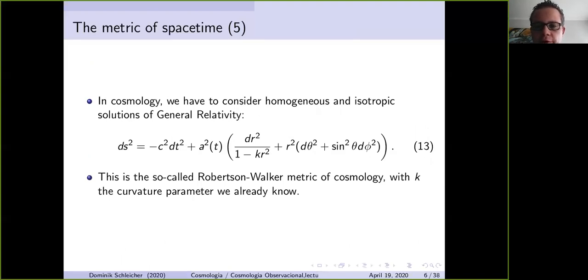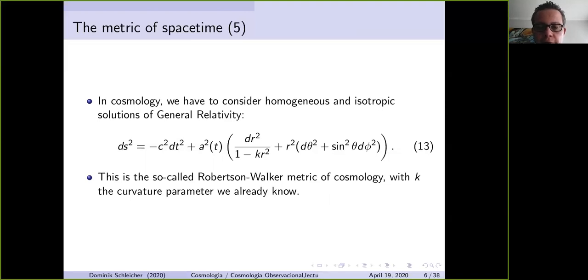It simplifies a lot actually, and what we obtain is the expression that is given here in equation 13, where we have ds square equal minus c squared dt square plus a square of t, and then in brackets here an expression that is very similar to what we had for the case of spherical coordinates, but it's more general here.